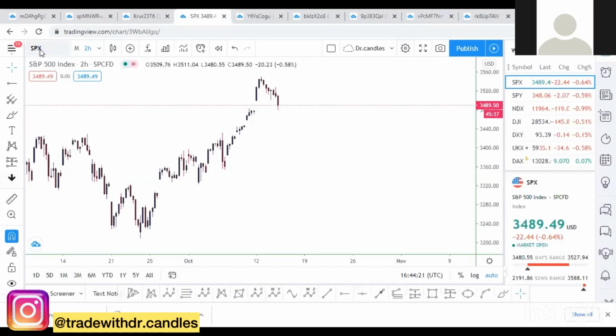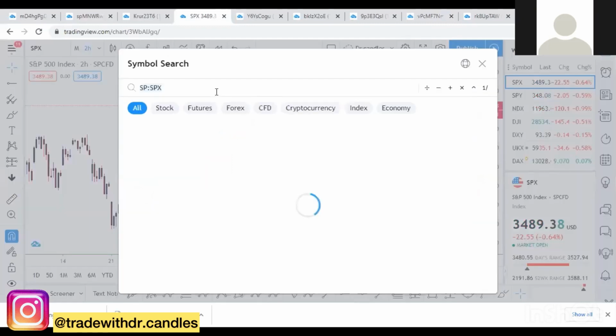So let me see if I can go to the real market and see if you can get some of the wick fills. Pounds USD.